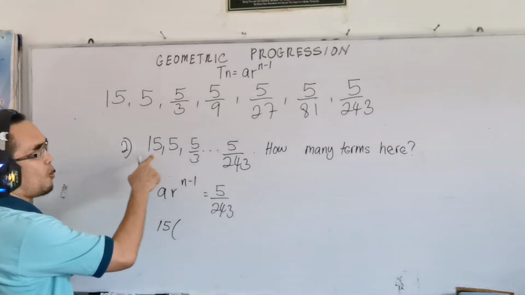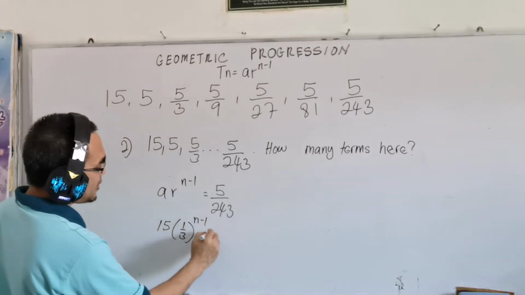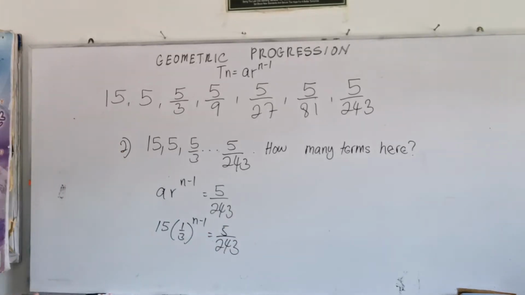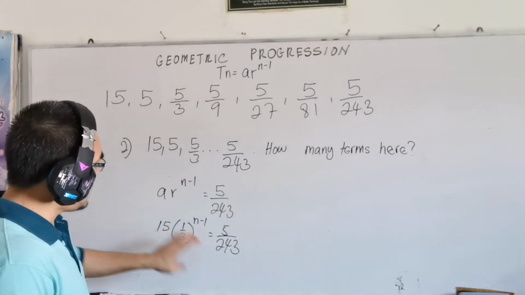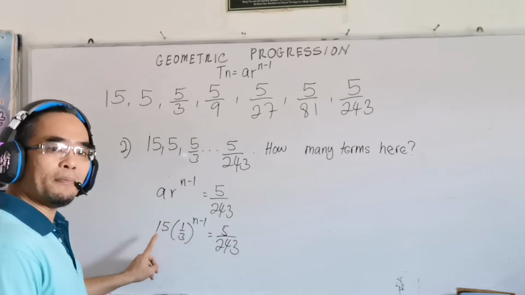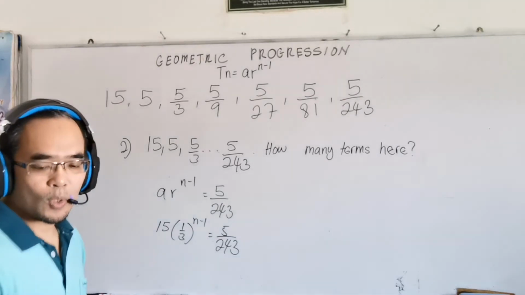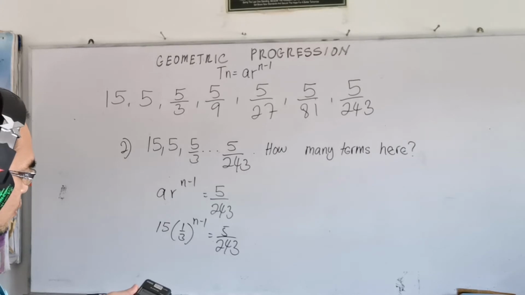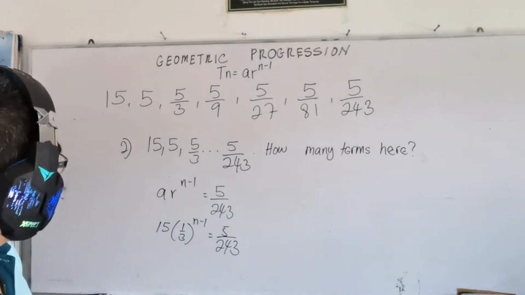The R will be 5 over 15, which is 1 over 3, to the power of n minus 1, equals 5 over 243. So first you divide by 15, because you move that 15 to the other side. So 5 over 243 divided by 15, you get 1 over 729.